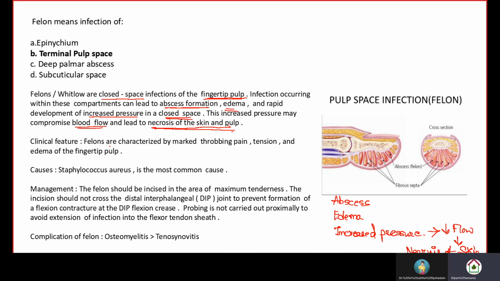Complications may include osteomyelitis or tenosynovitis; more commonly, osteomyelitis of the phalanx occurs. So the management is incision in the area of maximum tenderness.